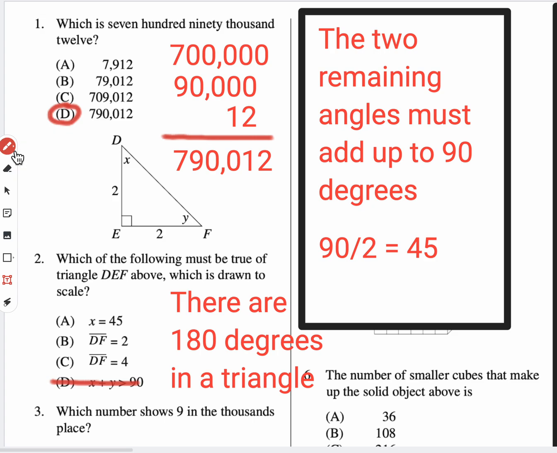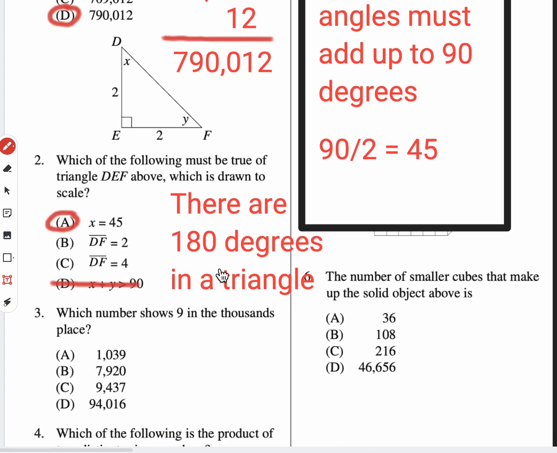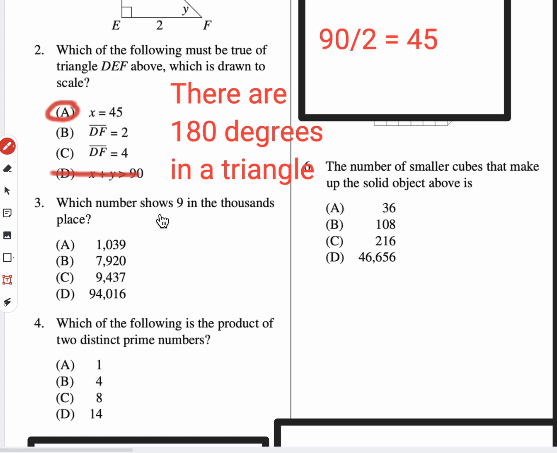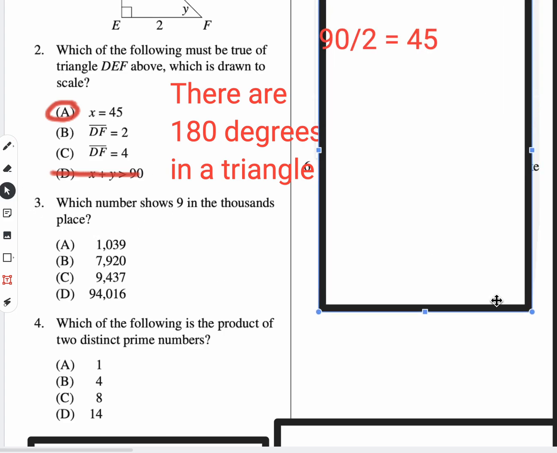The correct answer is A, x equals 45. Let's continue.